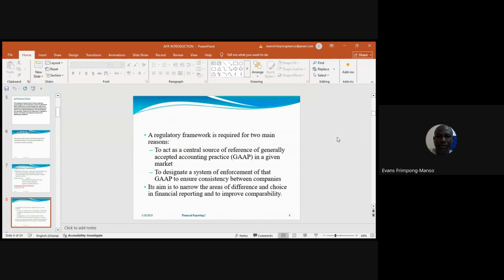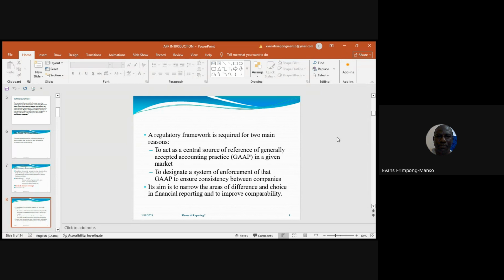Because before you do comparison, the two companies that you are comparing might have adopted the same principle in the preparation of their financial statement. So if these rules are not there and they prepare it based on their own rules, then it will not bring about consistency in the preparation of the financial statement.